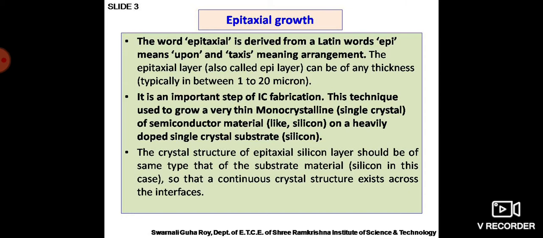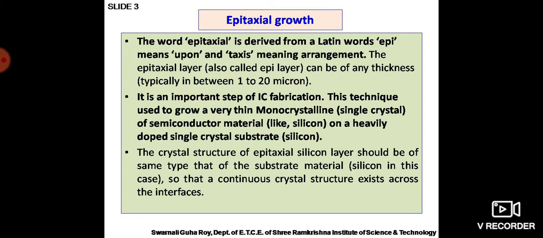Now over the substrate, by using the epitaxial growth technique, we have to grow an epi layer. The epitaxial layer is in short called the epi layer. The thickness of this epi layer is between 1 to 20 micron. It is written here, you can see in the first point.